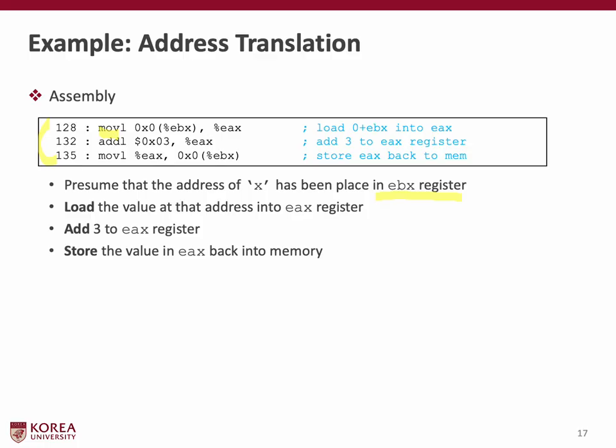And the second instruction is the addl instruction, which adds the constant number 3 to that value. And finally, the third instruction is another movl instruction, which stores the updated value back to memory. So again, we are doing the same 3 steps: load, add, and store. But this time you can see exactly how the CPU interacts with registers and memory to perform them.